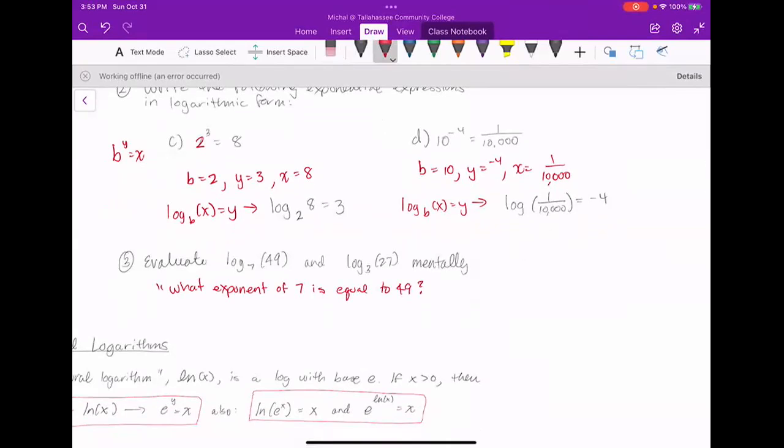And since 7 squared is 49, log base 7 of 49 has to equal 2, because that's my exponent. And that's how I do it mentally. Even though I'm writing it down, it's like what I'm thinking in my head. For the other one, I can do what exponent of 3 is equal to 27.